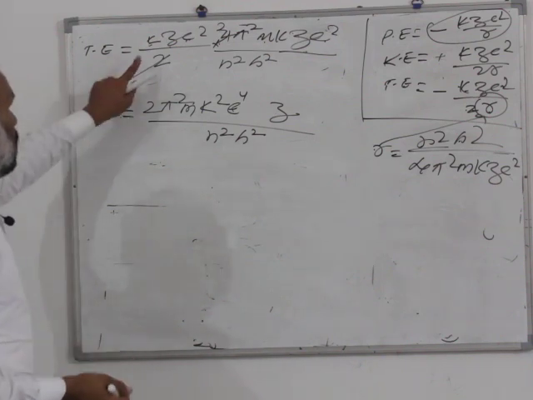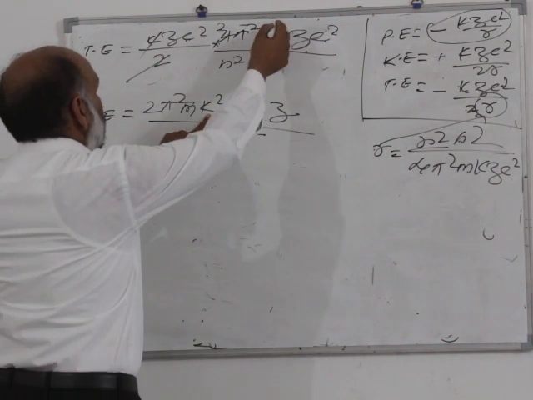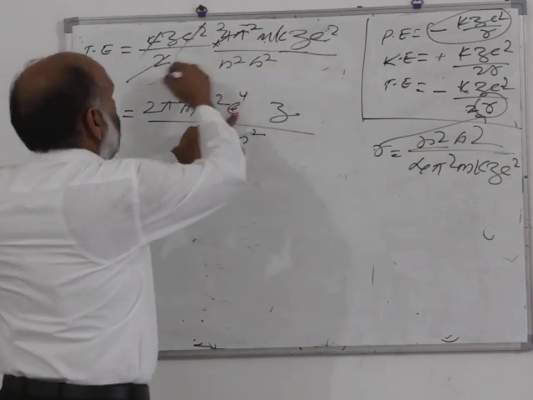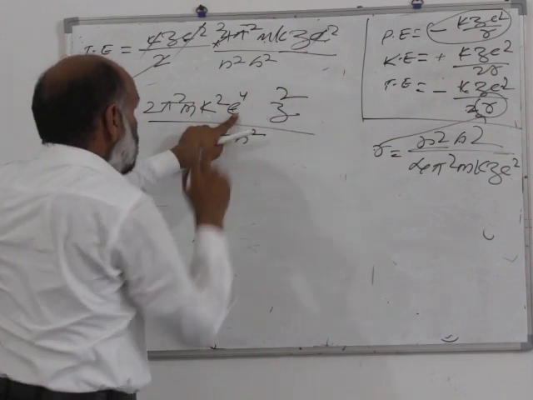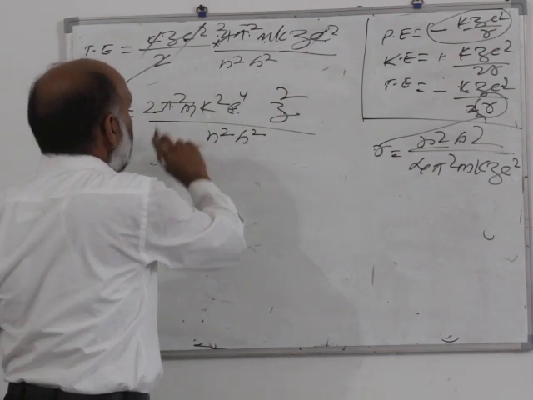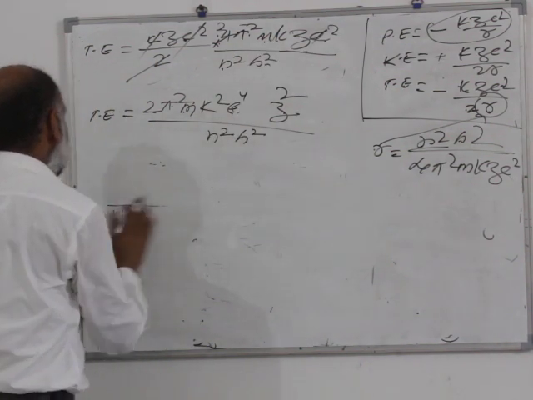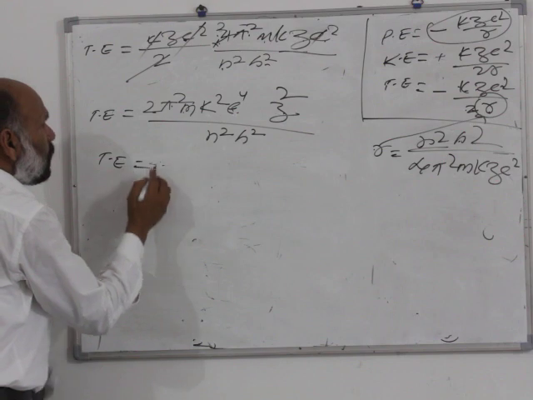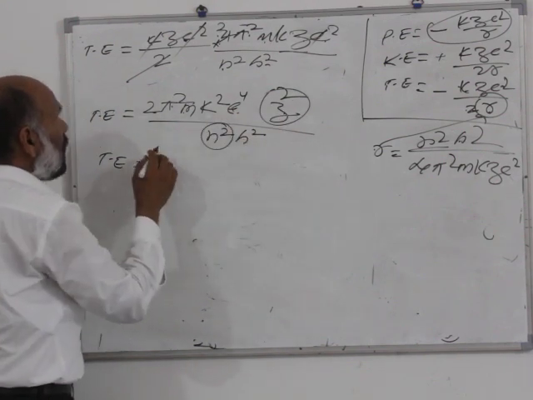Again let us see, k square. Okay, done. e to the power 4. Okay, z and z square. Yes, z square. 2 pi square m, n square h square. Done. So total energy equals z square by n square.